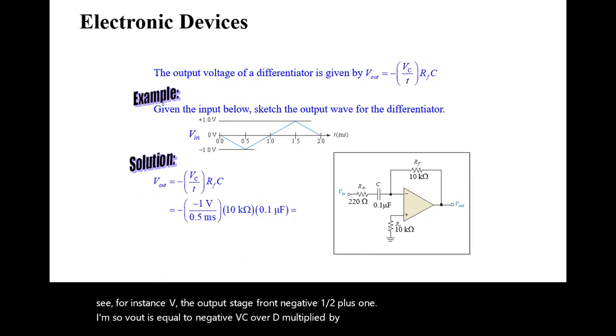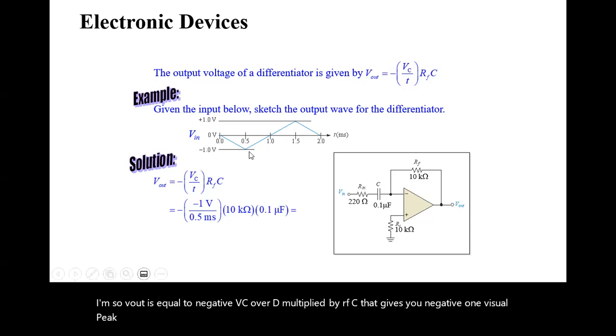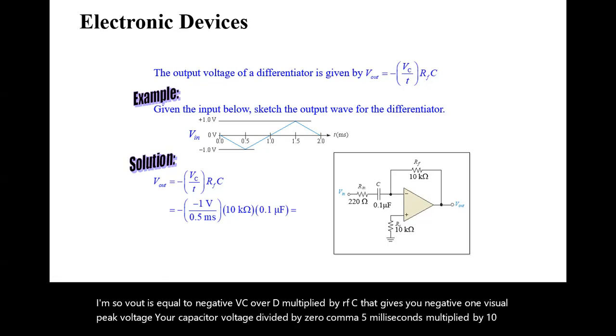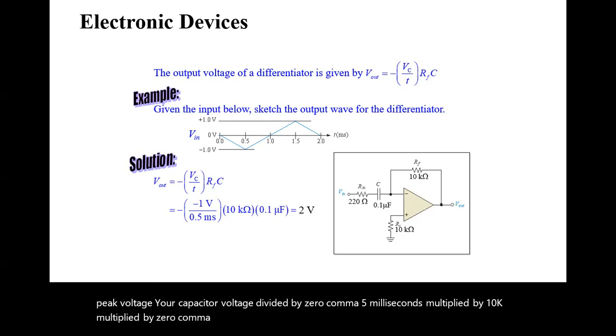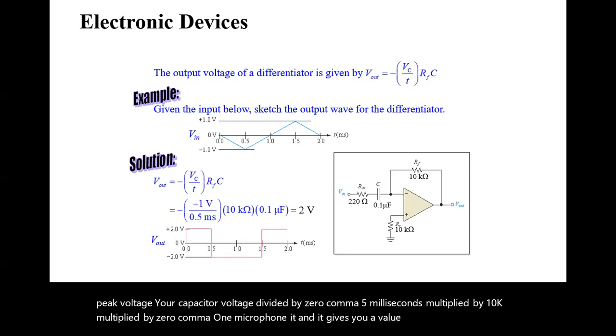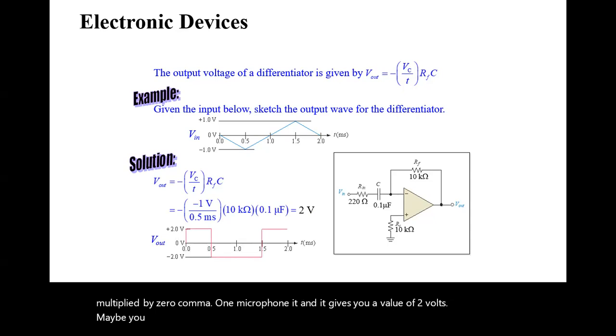That gives you negative 1 as your peak or capacitor voltage divided by 0.5 milliseconds multiplied by 10K multiplied by 0.1 microfarad, and that gives you a value of 2 volts. And there you can find the output waveform from plus 2 to minus 2.